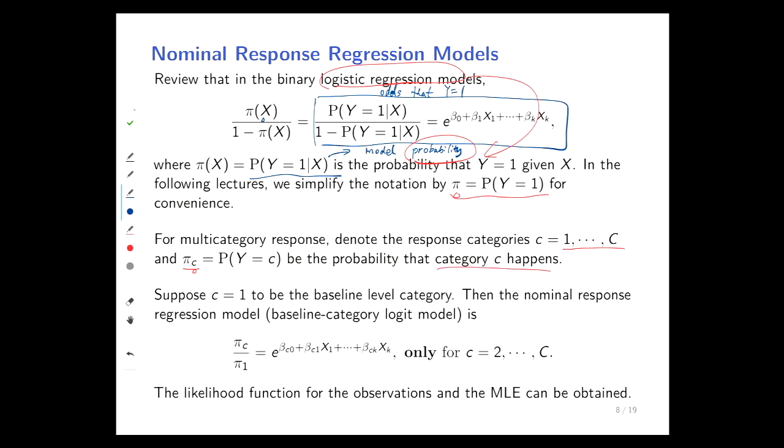In that case, we are going to have C probabilities: pi 1, pi 2, until pi C. And because they are probabilities, we have an equation: you can only select the color from these C categories, so the summation of those probabilities equals 1, because you can only select one of them.